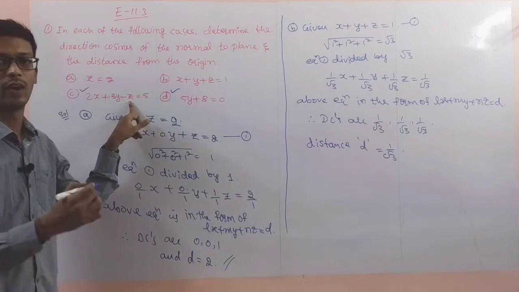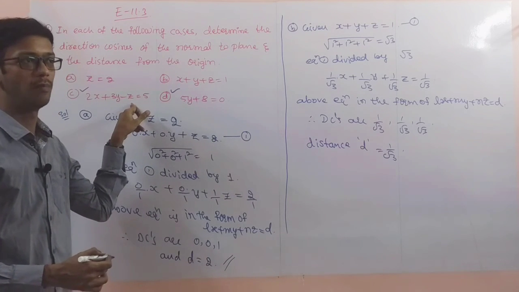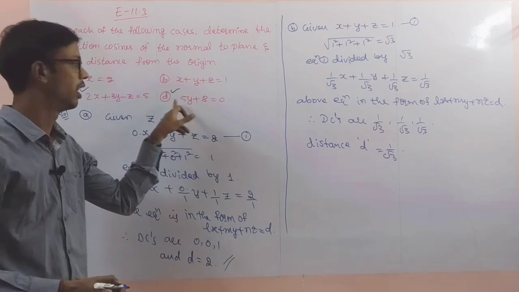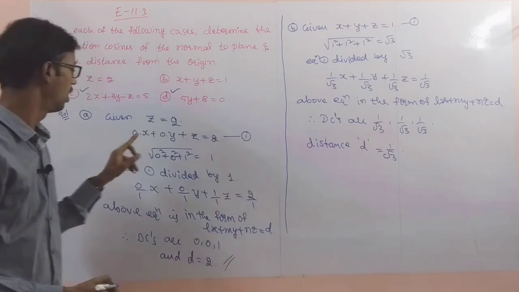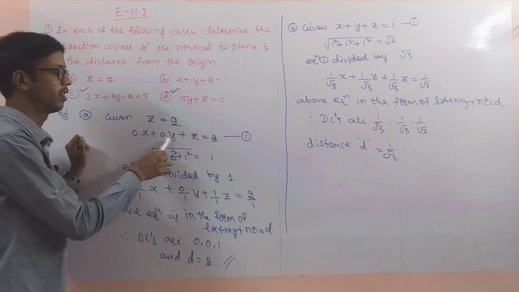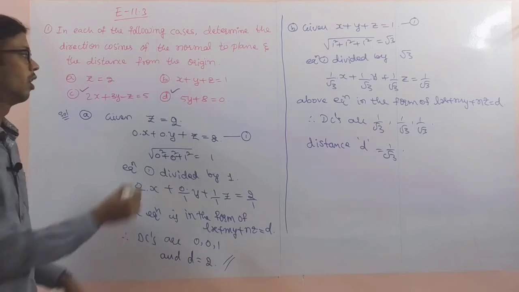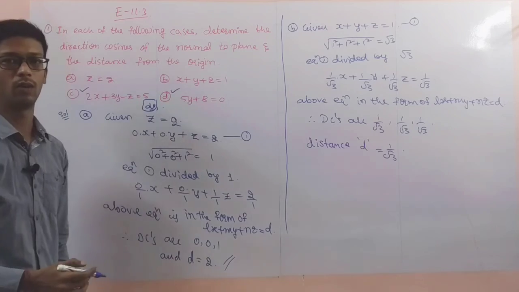The square root of 2 square plus 3 square plus 1 square, that is 4 plus 9 plus 1, total root 14 you will get, divided by root 14. Where nothing is there, it means 0, so you can write 0 x. These two take as homework. Pause the video to note it down.